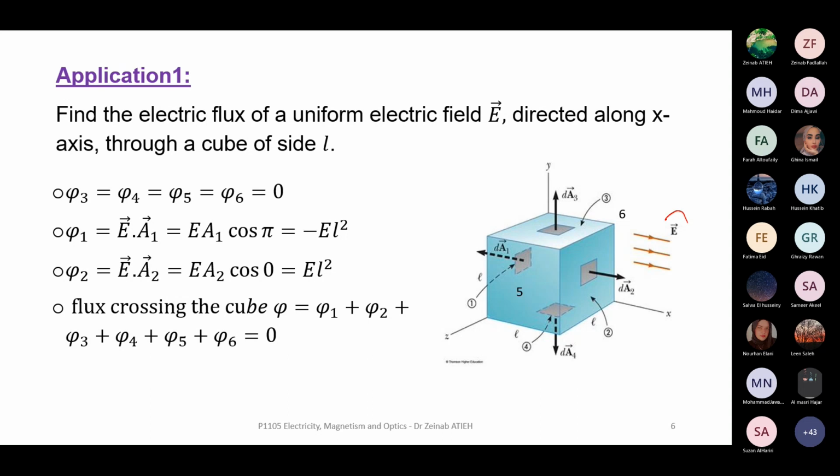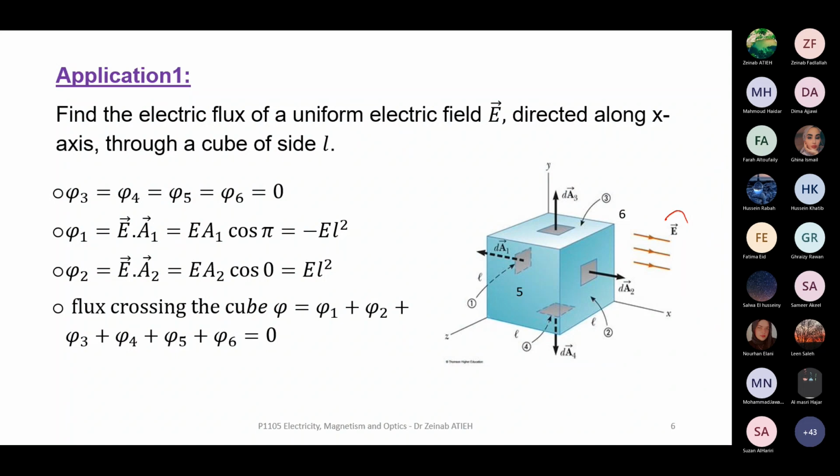If you want the total electric flux crossing this closed surface, the shell of the box, you simply have to add them. We can't do all of them together because each side has its own direction. They are different.